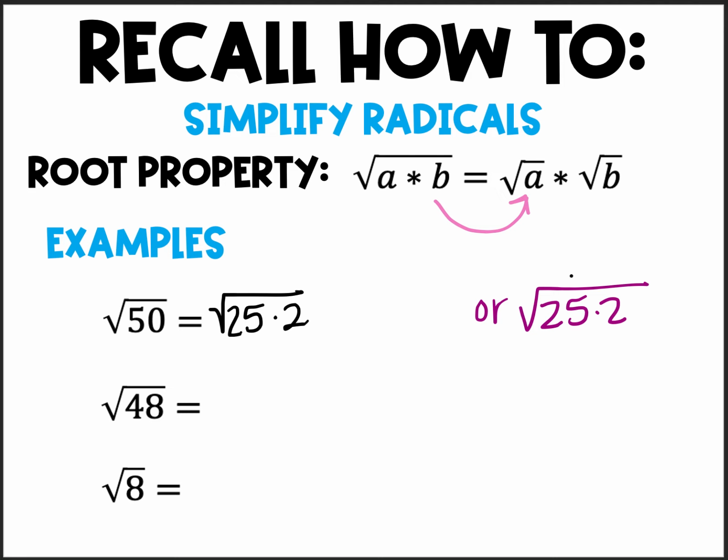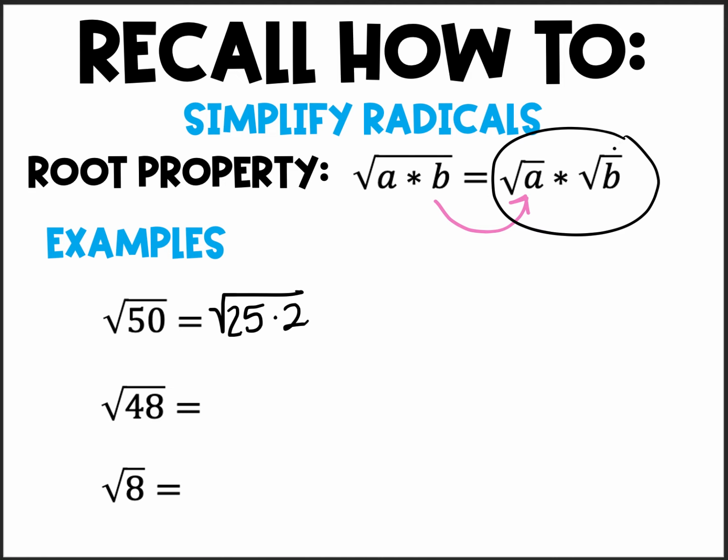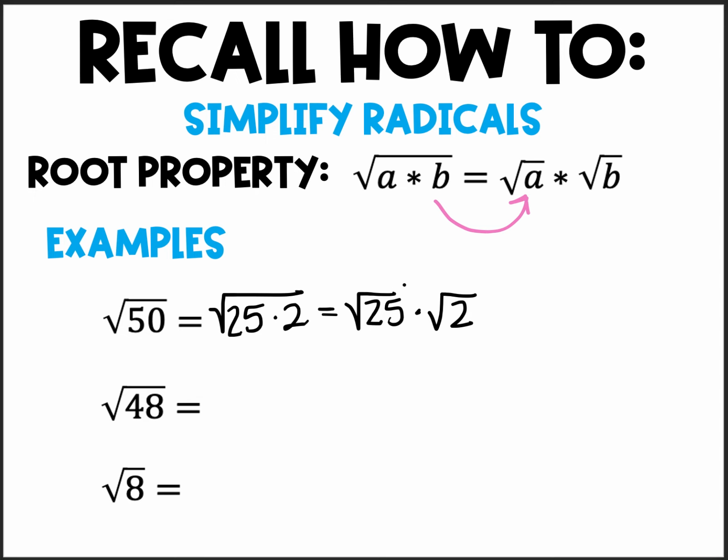And then by the property, I will rewrite it as a product of roots: the square root of 25 times the square root of 2. Remember, the square root of 25 is equal to 5.